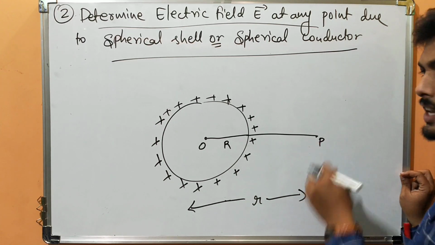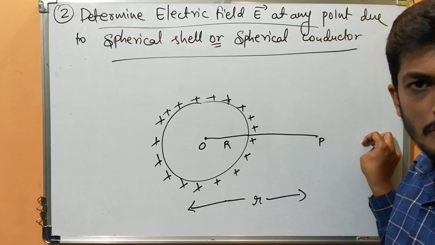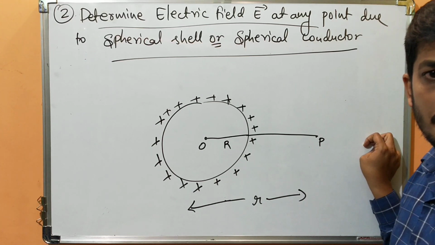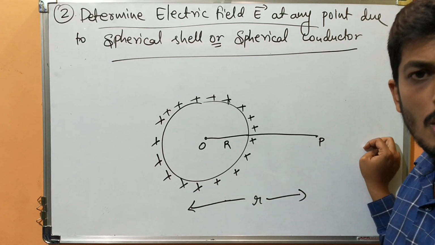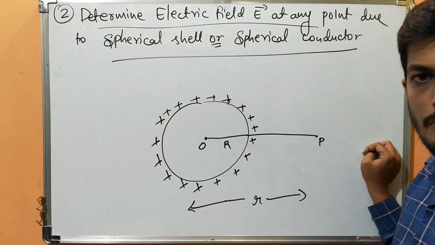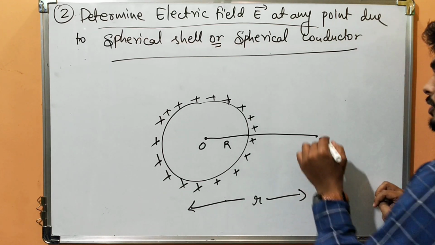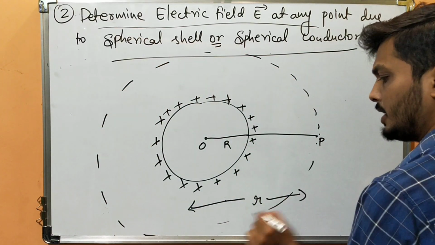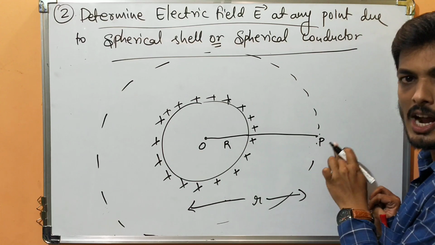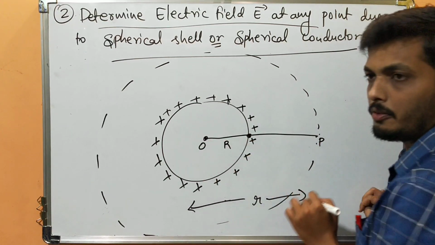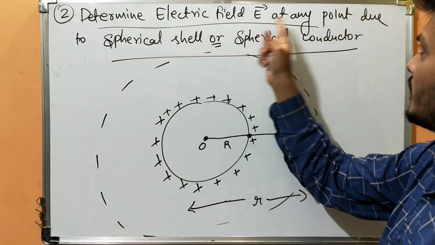But this point is outside and it is not a closed surface, so I cannot apply Gauss law. What did Gauss tell you? If you want to use his law, the surface should be a closed surface. So the adjustment we can make is to draw an imaginary sphere here, and find the electric field at this point, and then at the other points, because we need to find the electric field at any point.